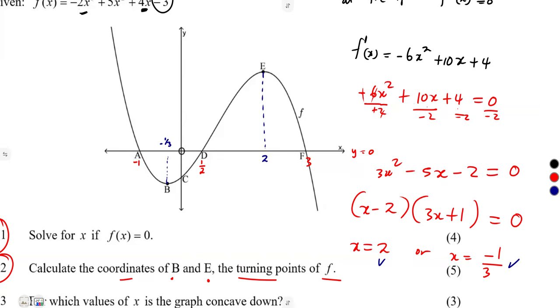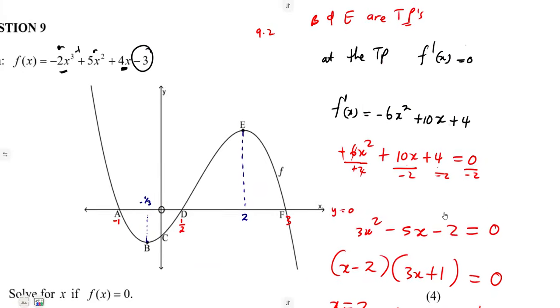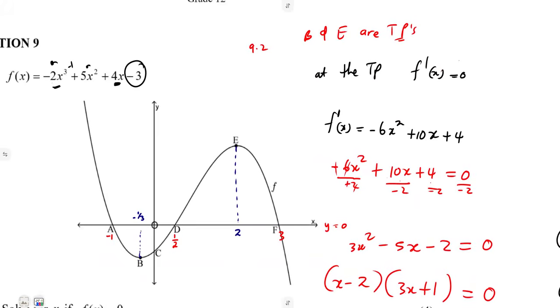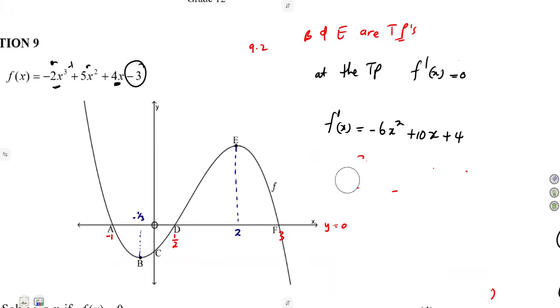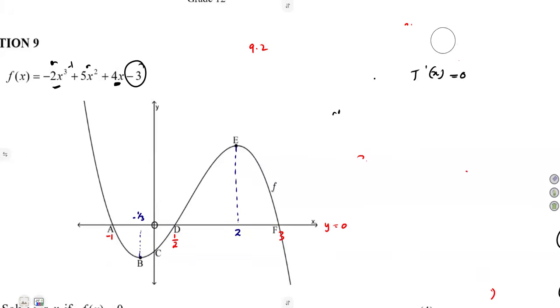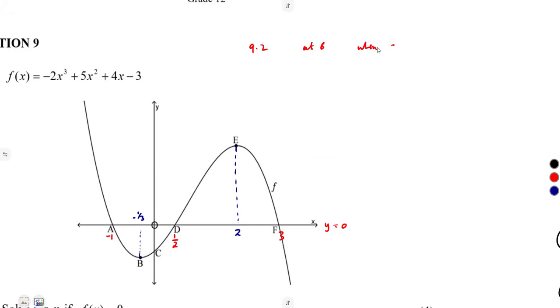So therefore, for the coordinates, we have to substitute back into our f of x, the original equation. After solving these x values, you substitute back into the original equation, the one that you had here, your f of x. So that's at B, where our x is equal to minus a third.